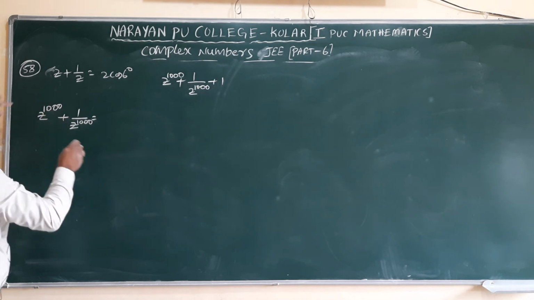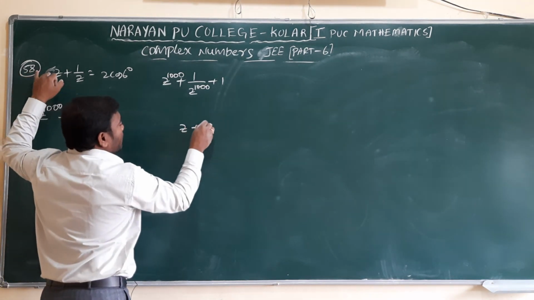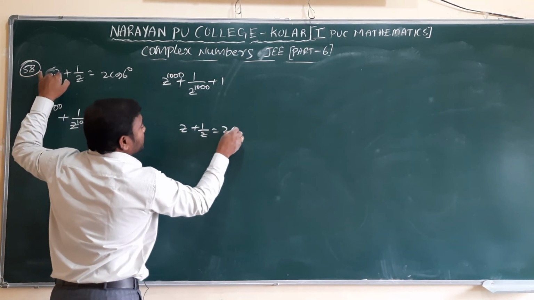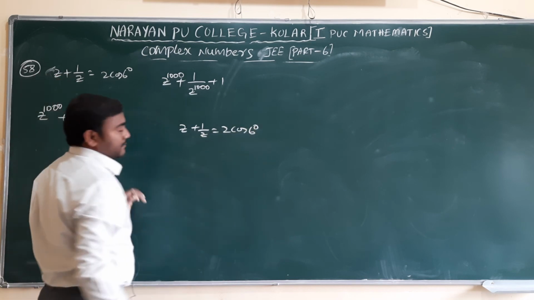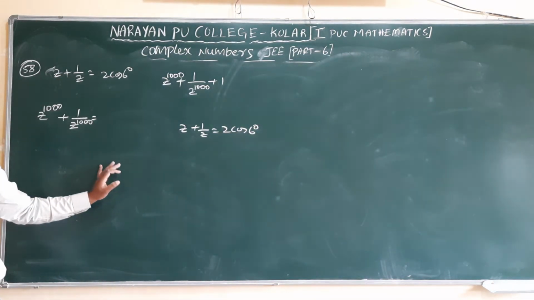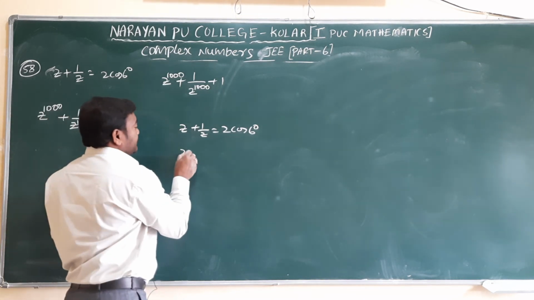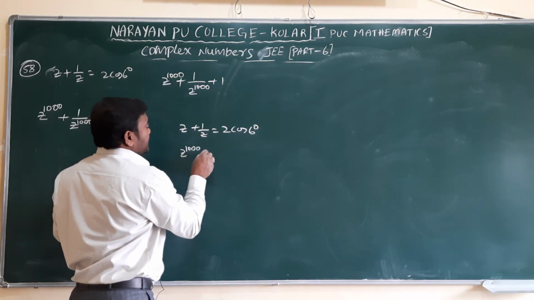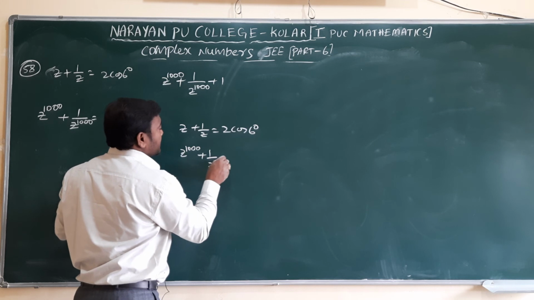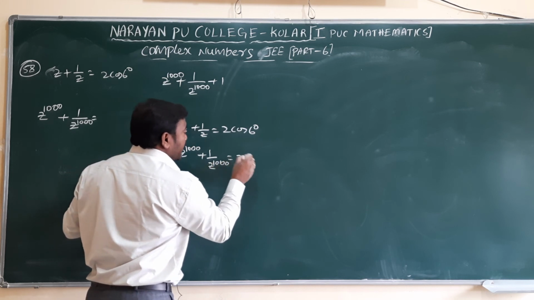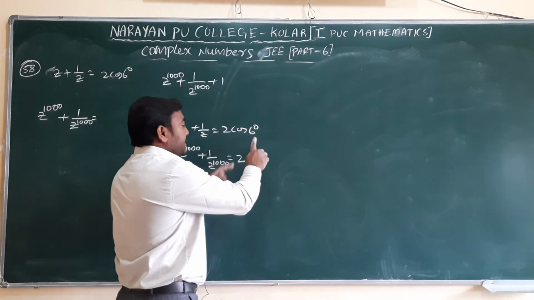So what they have given here is z plus 1 by z is equal to 2 into cos 6 degree. By applying De Moivre's theorem, z power 1000 plus 1 by z power 1000 is equal to 2 into cos 6 degree whole power 1000.